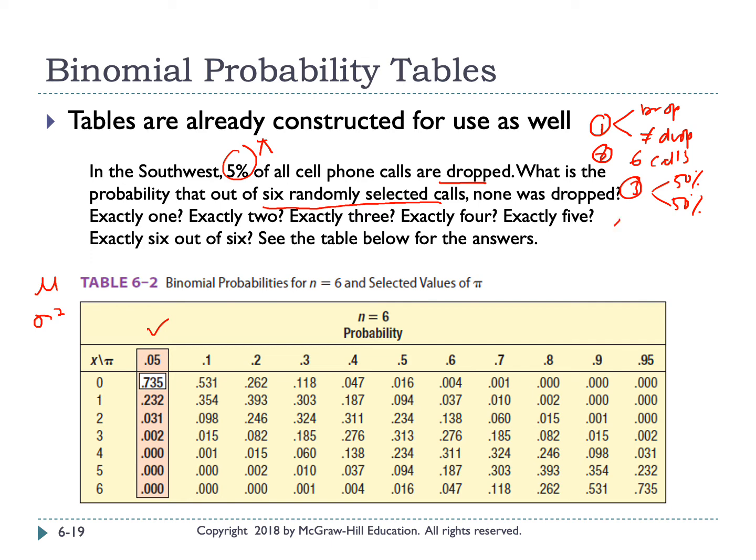And the fourth one, trials are independent. Let me write it here. What does it mean? When you first call, maybe the call is dropped. The second call, maybe it is also dropped, but that doesn't mean the second call follows the first call.